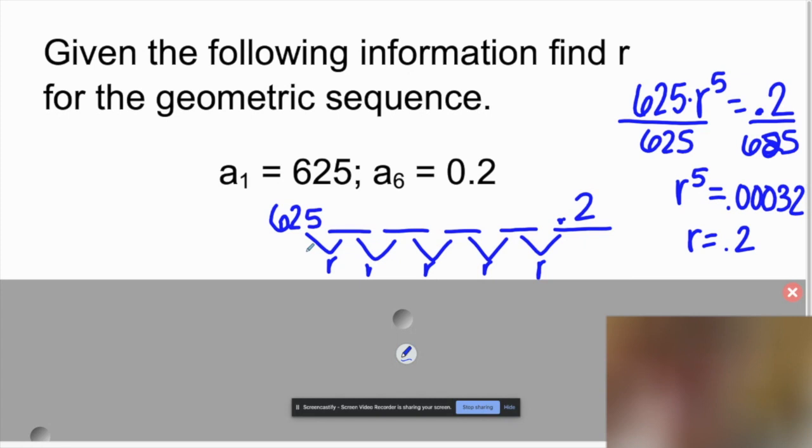Now the issue that we're going to come in contact with is that could it possibly be positive or negative?